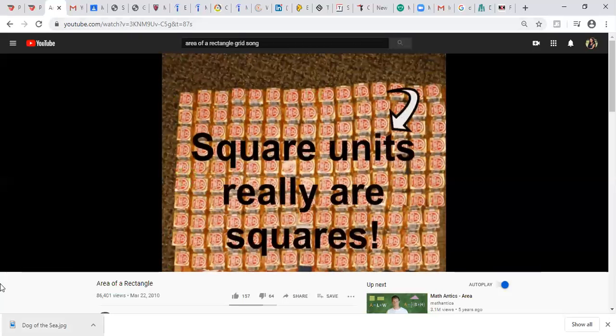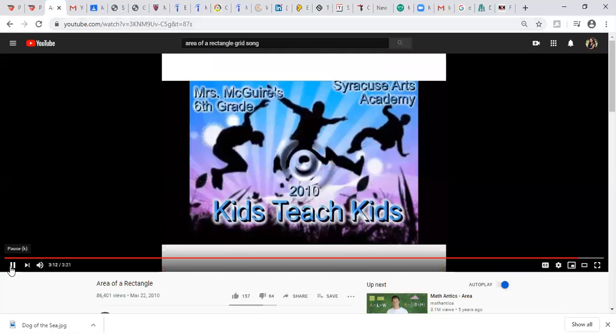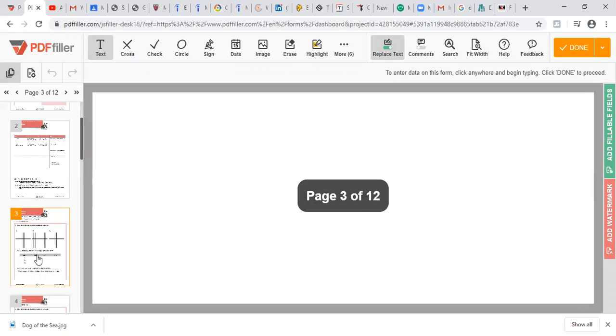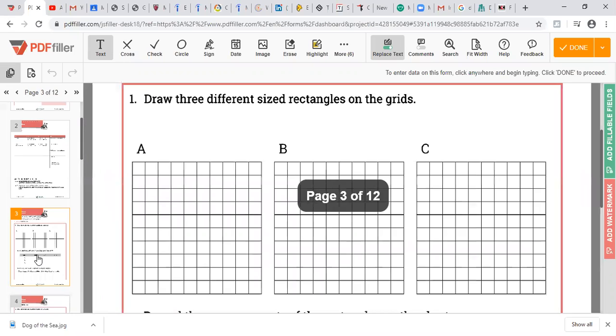Okay, so let's take a look at our lesson 5 for today. On this page, it says to draw 3 sized rectangles on a grid.